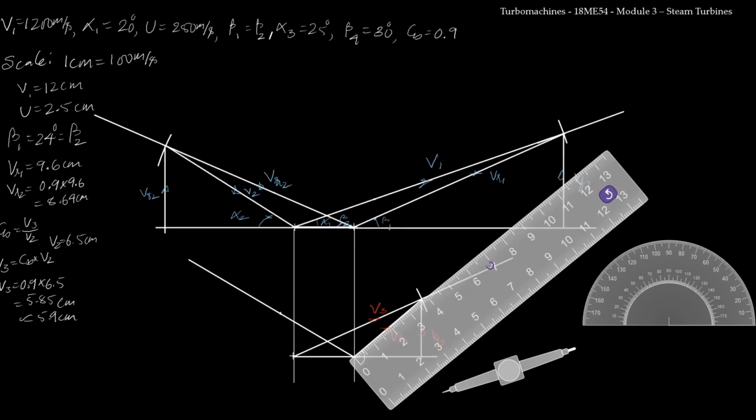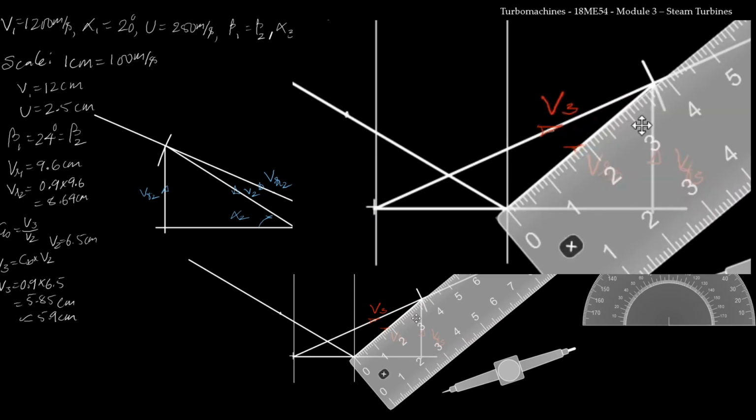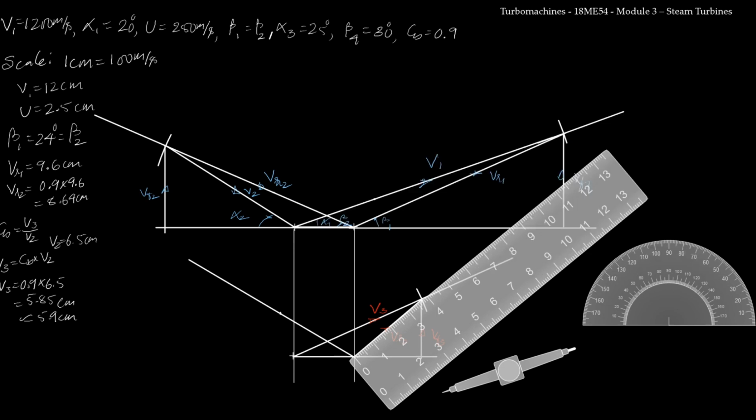I will make it parallel to V3, and here we can see that the length of V3 is approximately 3.7 centimeter. VR3 is approximately 3.7 centimeter. VR4 will be equal to 0.9 times 3.7. So the length of VR4 will be equal to 3.3 centimeter.